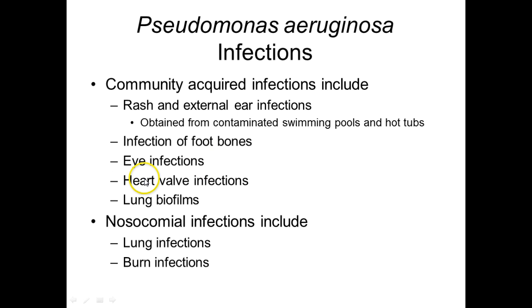It can cause complications with heart valves, infections of heart valves. It can form biofilms in our lungs. The most common places where we run into the problems is associated with lung infections in hospital and nursing home type environments, and burn infections.